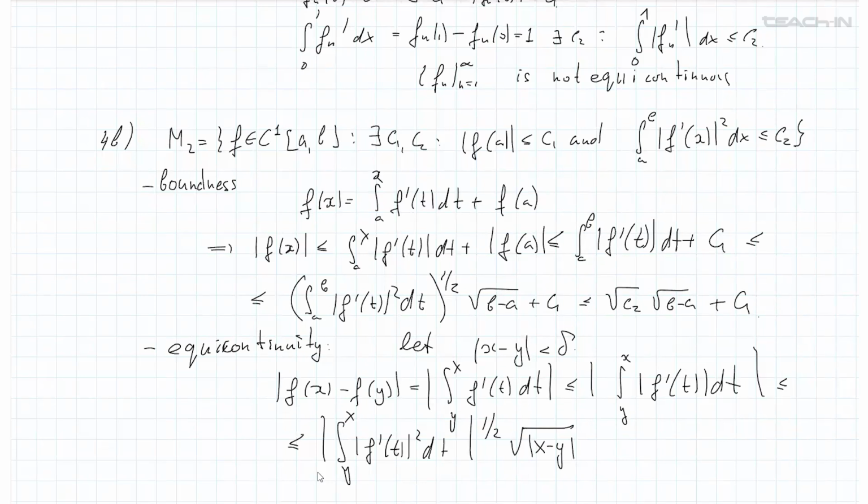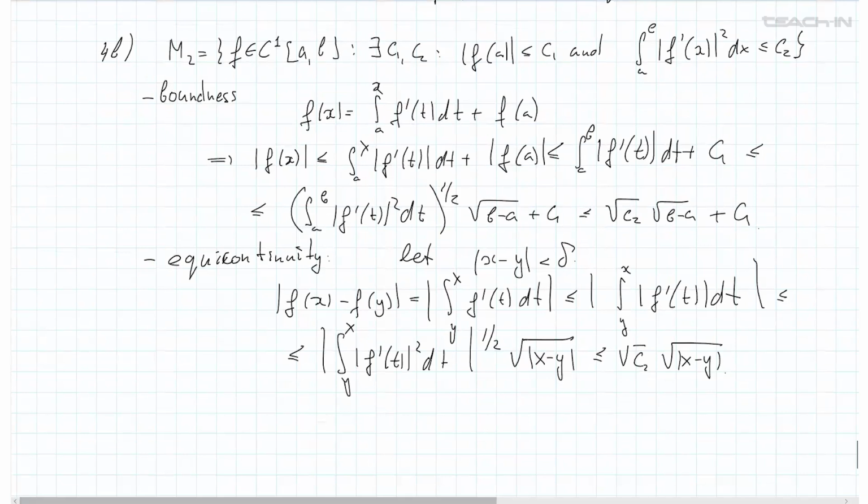Then we see that it is less than the square root of C2 times the square root of |x − y|. So we have a small oscillation of the function, so it is equicontinuous. So we conclude that M2 is precompact.